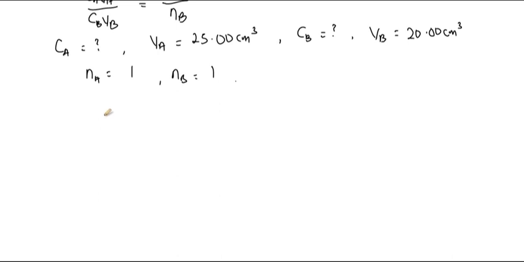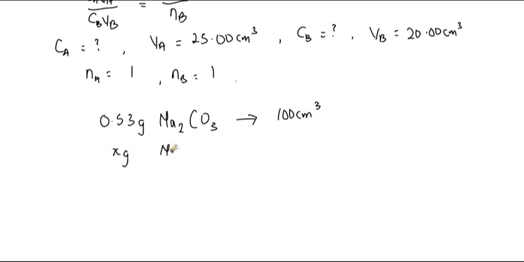We'll do that by saying 0.53 grams of sodium carbonate is present in 100 cm³. So X grams of sodium carbonate will be present in 1000 cm³. We are doing this to know the mass concentration of sodium carbonate, that is the mass present in 1000 cm³.